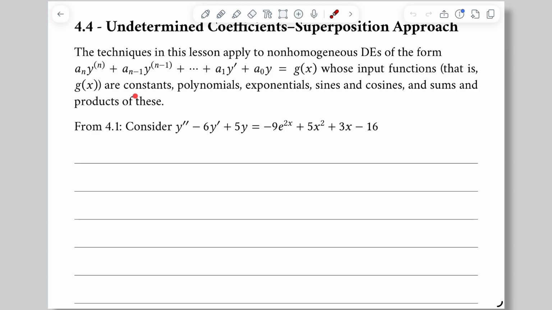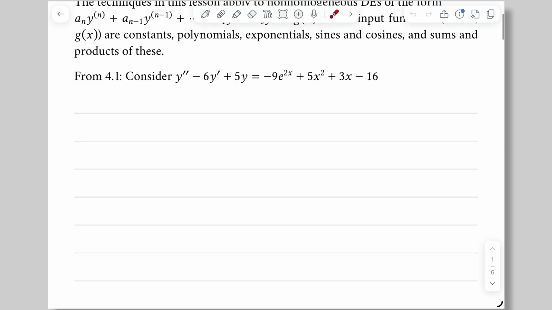The reason we're considering this list is because when we differentiate functions in this list, we get functions that are basically in this list. So they differentiate to functions that are in the same category. I have here an equation that we did see in an earlier video. y double prime minus 6y prime plus 5y is equal to negative 9e to the 2x plus 5x squared plus 3x minus 16.